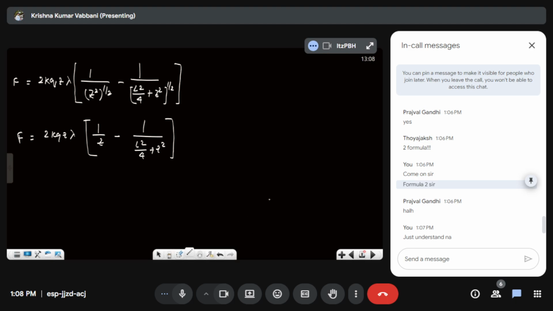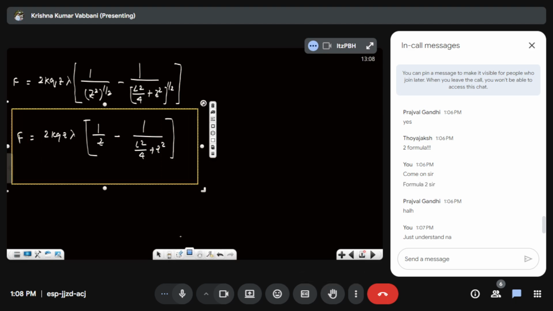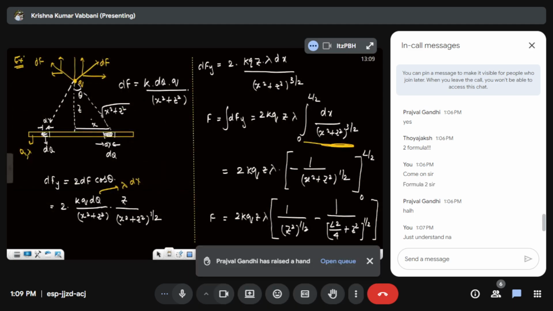So this is the answer. If they give the values, you have to substitute the values. So this is the solution. This is the way to solve such kinds of problems.